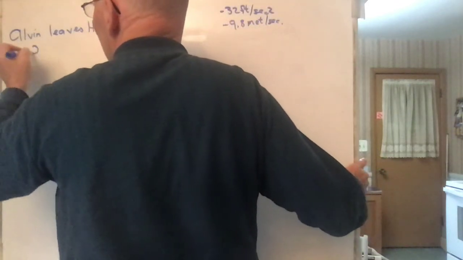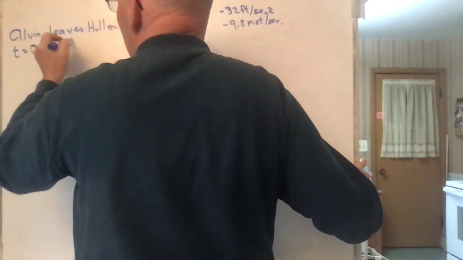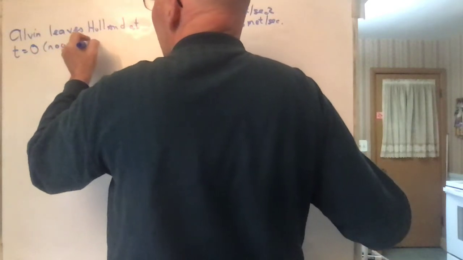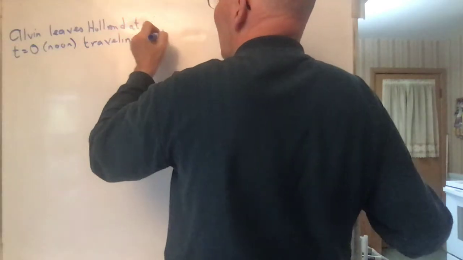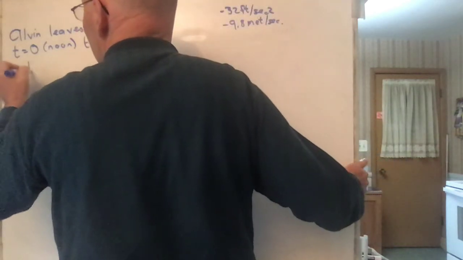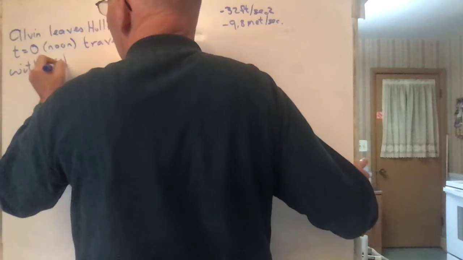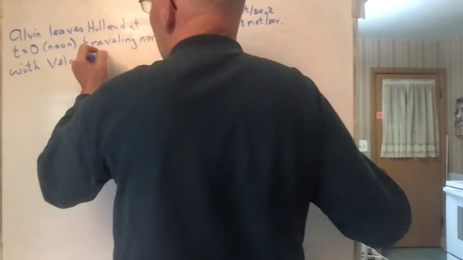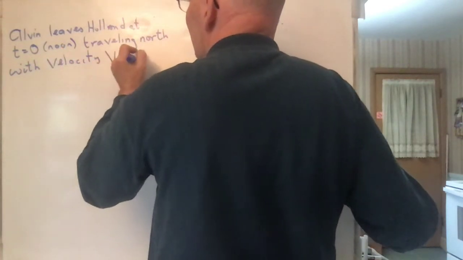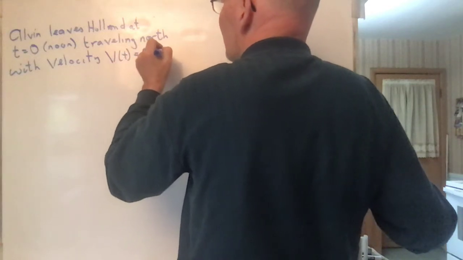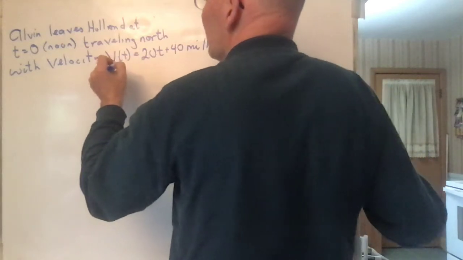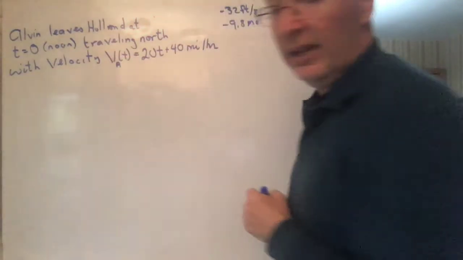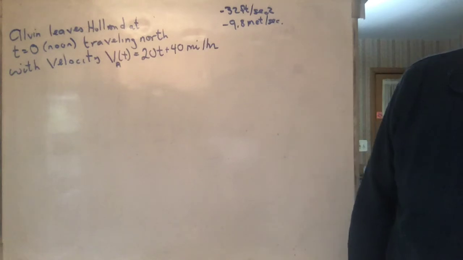We'll say t equals 0, traveling north with velocity v of t is equal to 20t plus 40 miles per hour. And this is Elvin's velocity, so I'm going to put a little v sub a there to stand for Elvin. Okay.